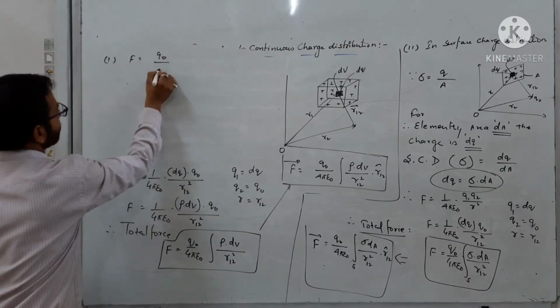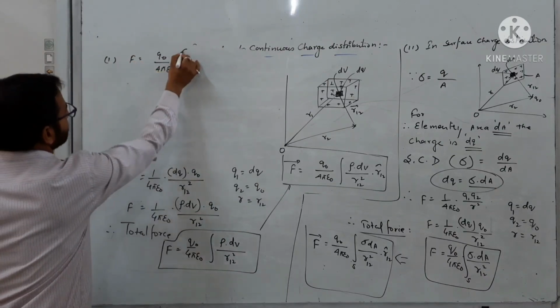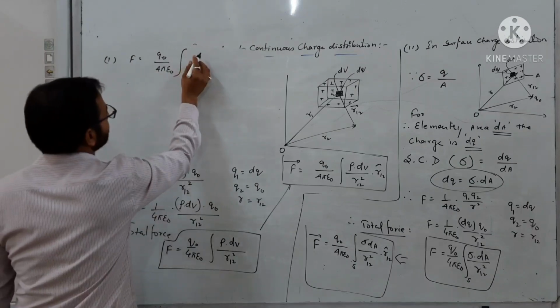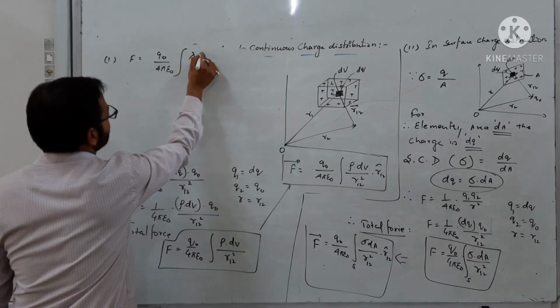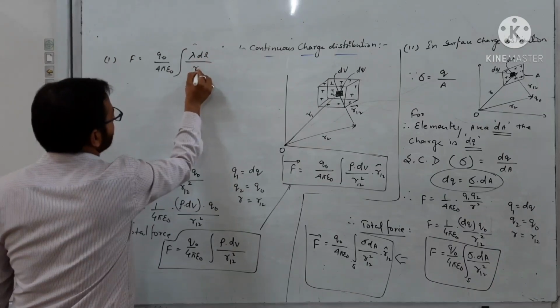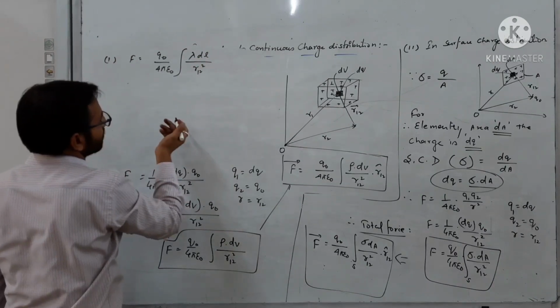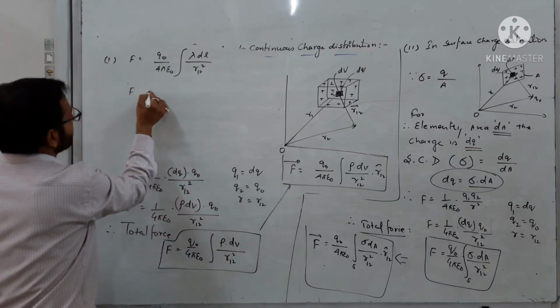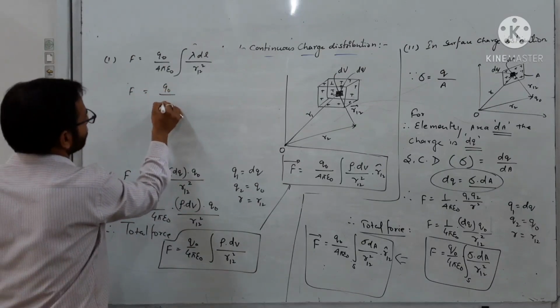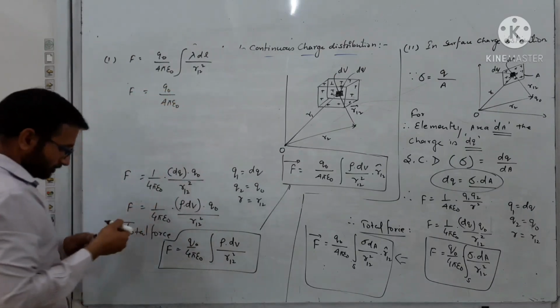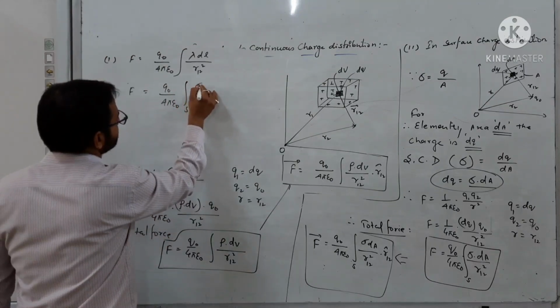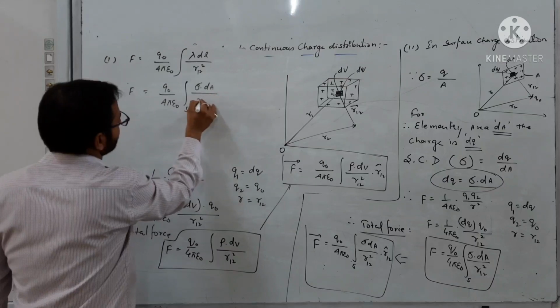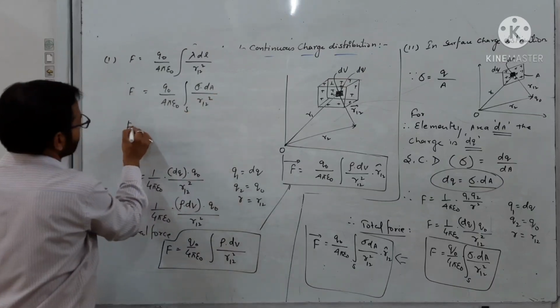It is Q naught over 4 pi epsilon naught linear integral lambda dl over r12 square, or r square you can write. After that, the other one is Q naught over 4 pi epsilon naught surface integral sigma dA upon r12 square.